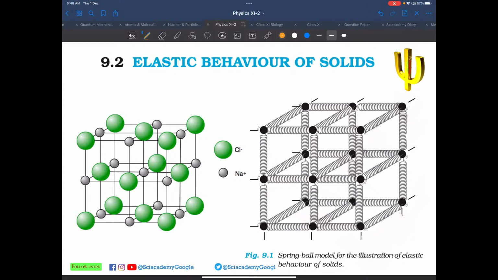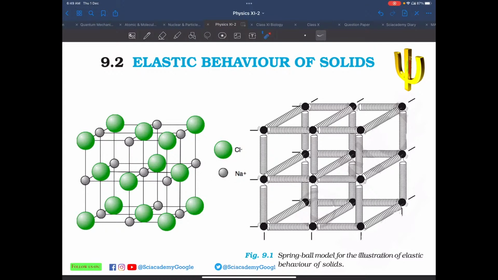You know that each atom or molecule, for example, let us consider here the NaCl substance, that is the table salt, and you may have noticed here the arrangement of the atoms or ions of the chloride and sodium.